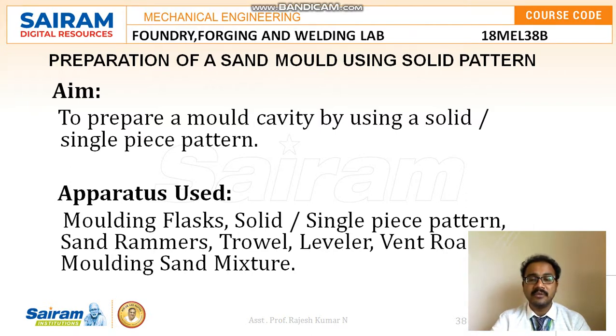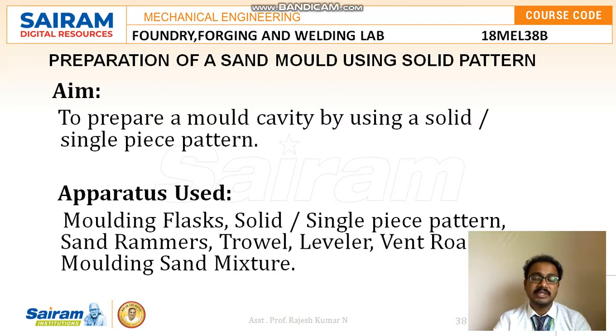A trowel is a kind of saddle, where by using this trowel we take the required amount of sand and put it in the flasks. The leveler is used to confirm whether the required amount of sand has been filled or is still to be filled.